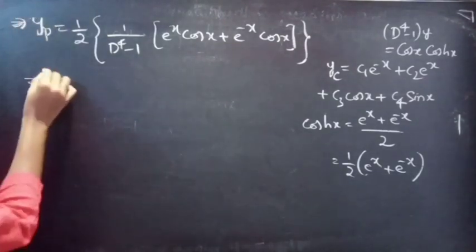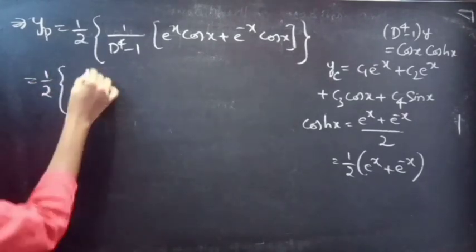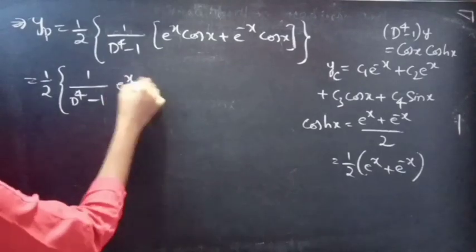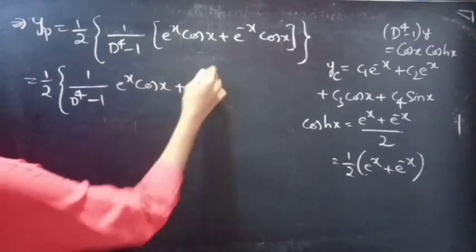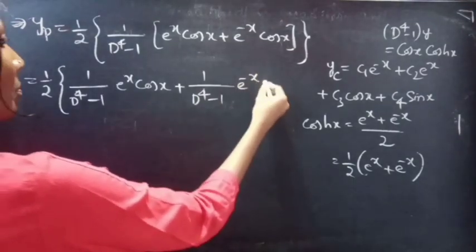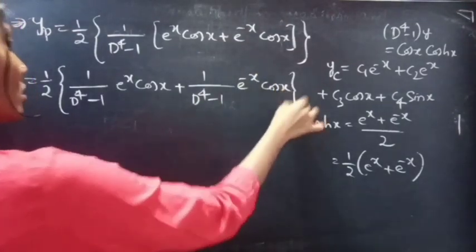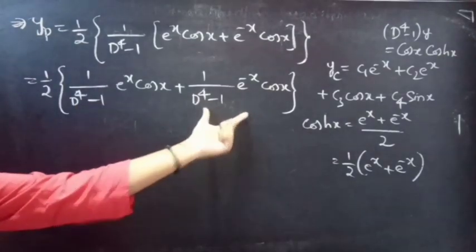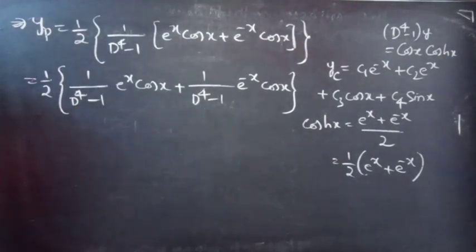Now we can write yp as 1 by 2 into 1 by f of d into e power x cos x plus 1 by f of d into e power minus x cos x. We can find each term separately for our convenience.